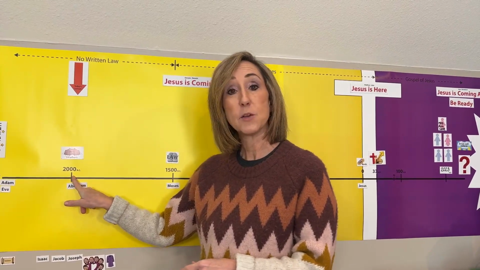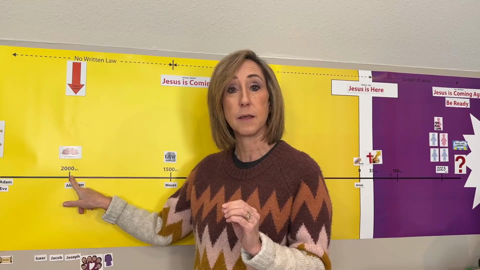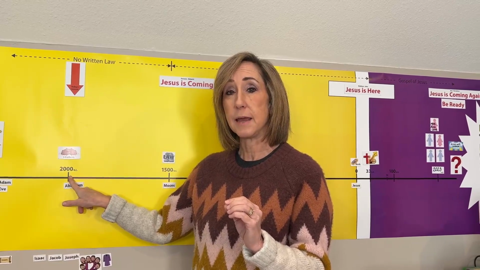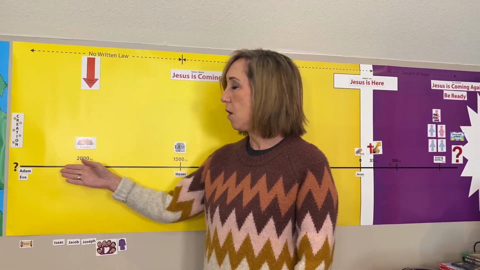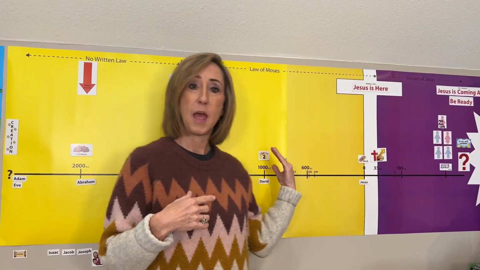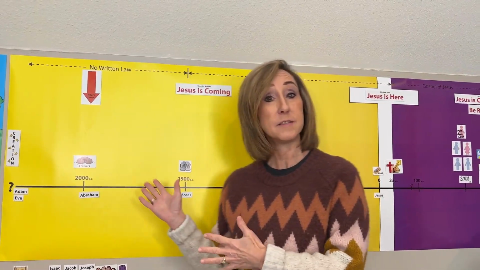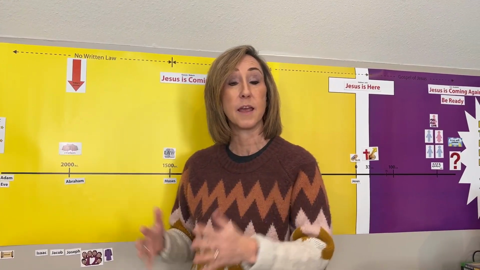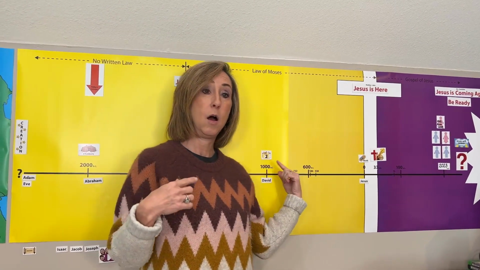And that happened around 2000 BC or around 1900 BC. BC stands for before Christ. So all this in the yellow happened before Jesus was born. So that's why all these numbers are labeled BC. And if you'll notice, the numbers go from highest all the way to lowest.